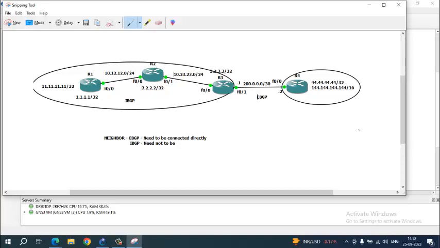IBGP need not be directly connected. Here, no BGP. We enable BGP only on these two, and we can form peering, which is not possible in the case of eBGP. That's one thing here we are learning.